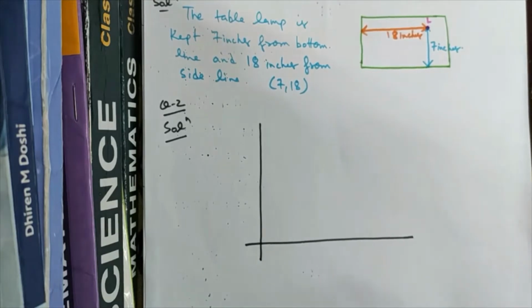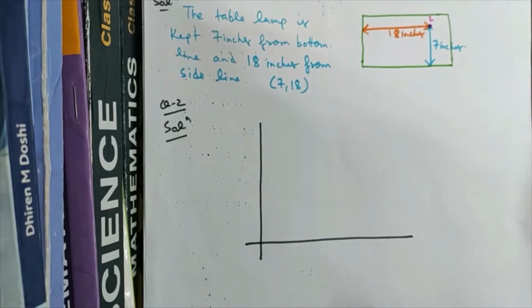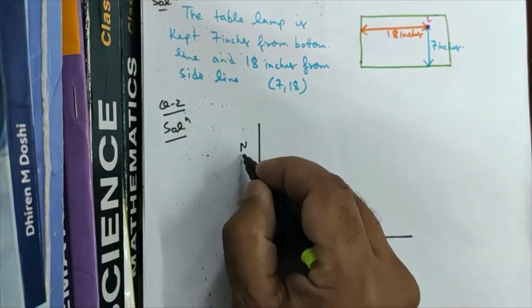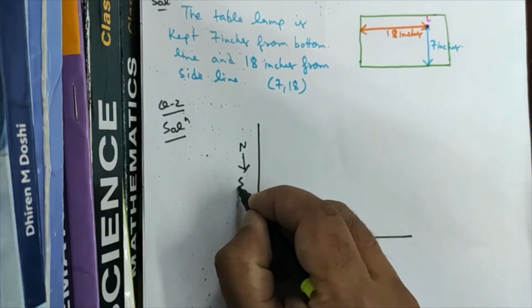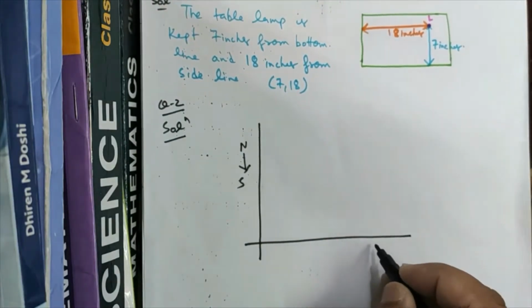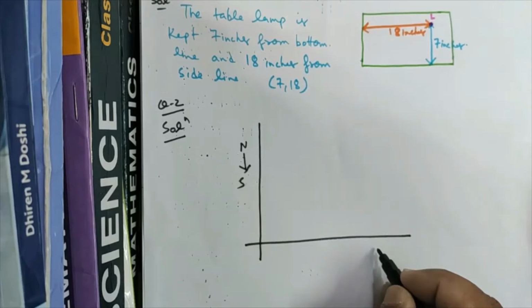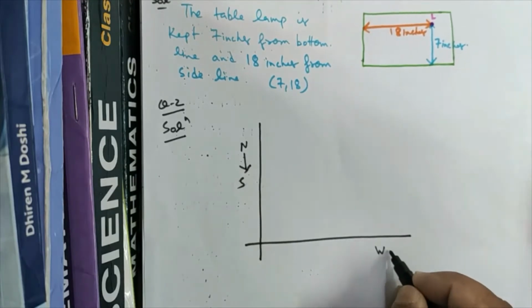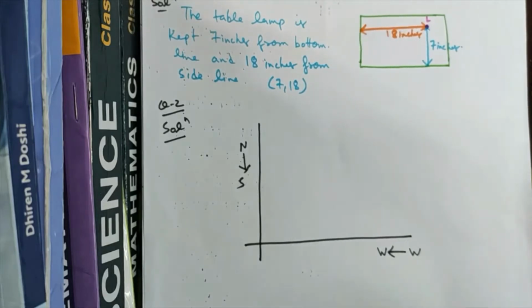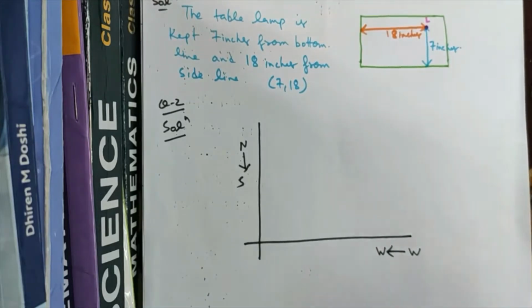One road is going from north to south, and the other is going from east to west.